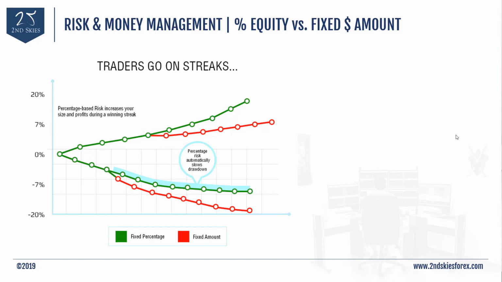But if you go on a winning streak and you're risking a fixed dollar amount, don't you have to decide arbitrarily when you want to increase that fixed dollar amount? And even if you do decide to do that, what mathematics are you basing it on? How do you know at what intervals to change that? Have you done the math on that?